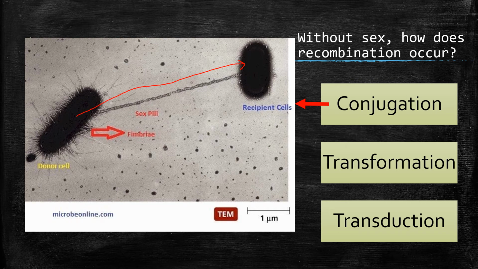Remember, the bacteriophage inserts viral DNA into the bacterial DNA, and when it's clipped out, a piece of the bacterial DNA may be clipped with it, and then it's transferred into new bacteria, so that allows for the new possibilities of genes.